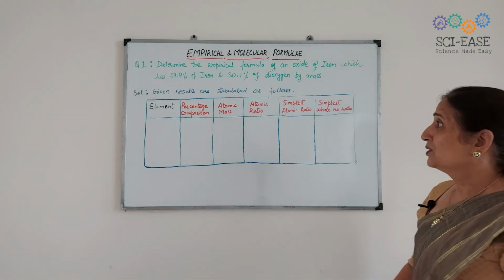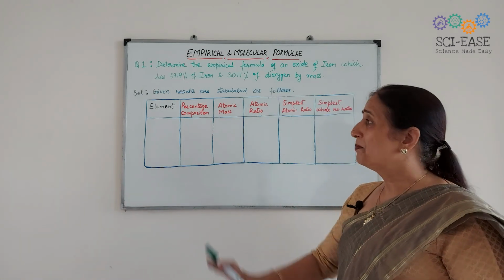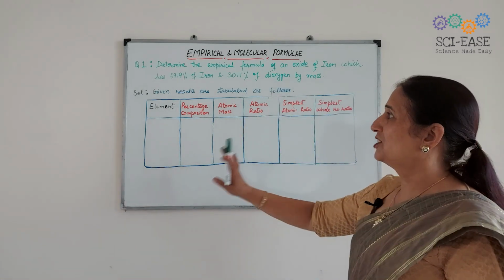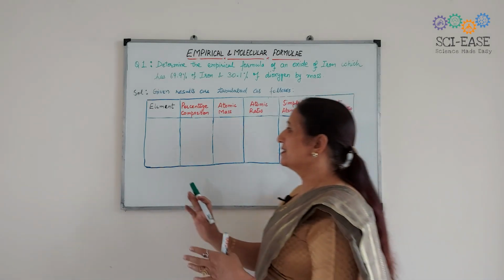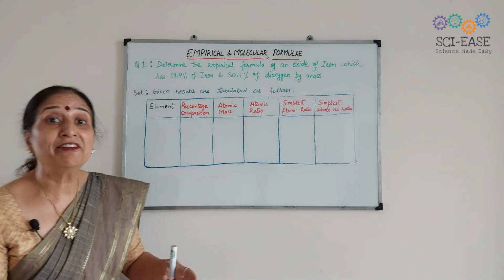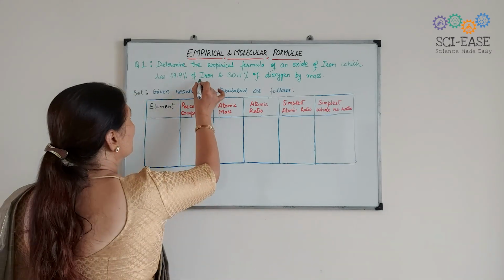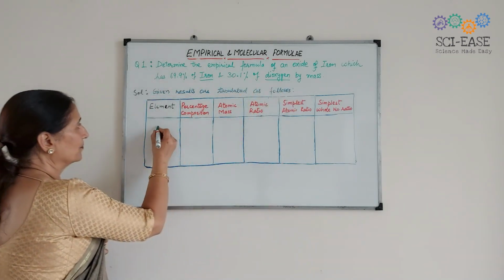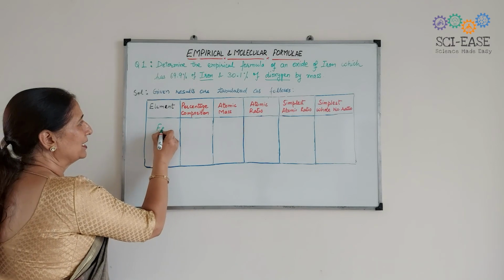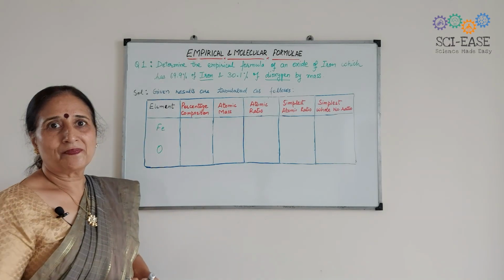Okay, the numerical will be solved very easily by forming this table. Then second thing is you are to identify the elements present. Here the elements present are iron and oxygen.